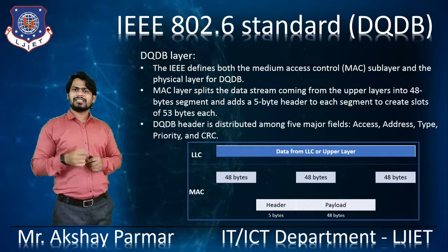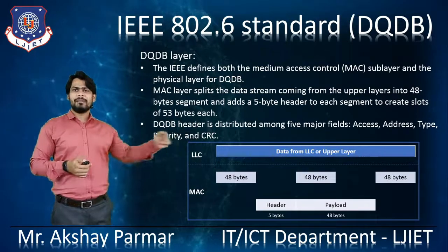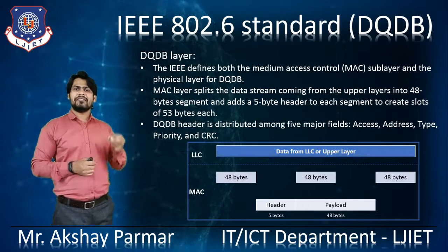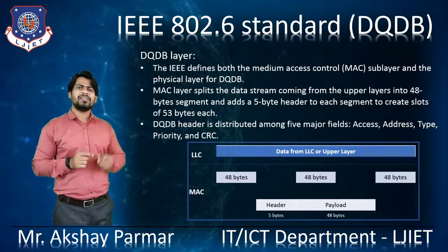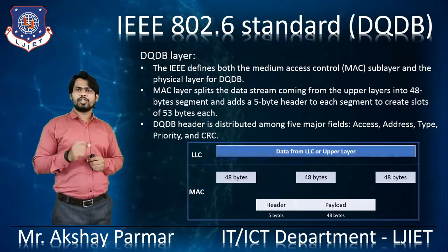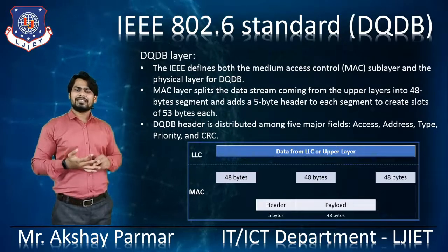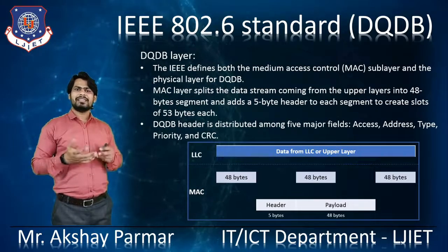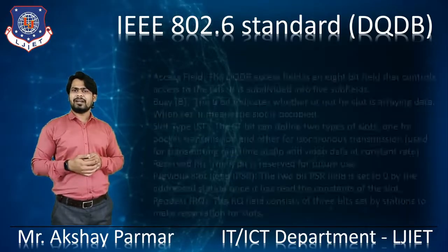The MAC layer splits the data stream from the upper layers into 48-byte segments and adds a 5-byte header to each to create a 53-byte slot. The DQDB header is distributed among 5 major fields: access, address, type, priority, and the CRC. Right? So let's see all those terms in brief.